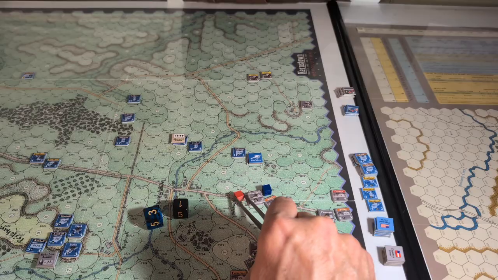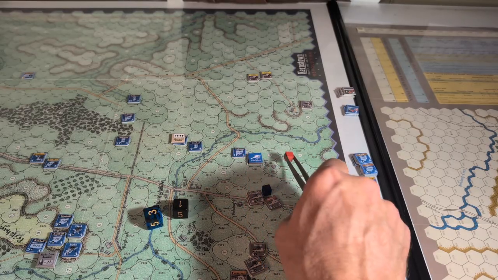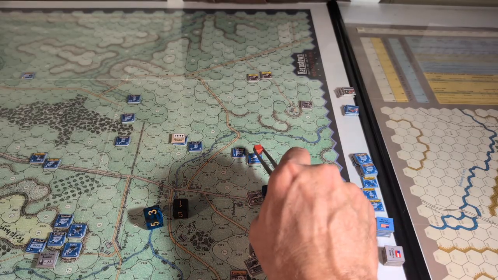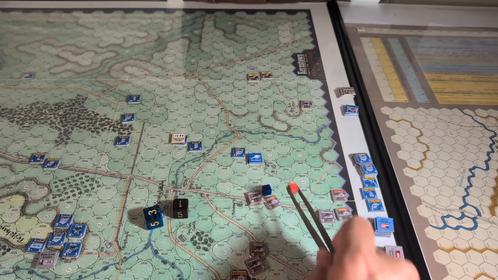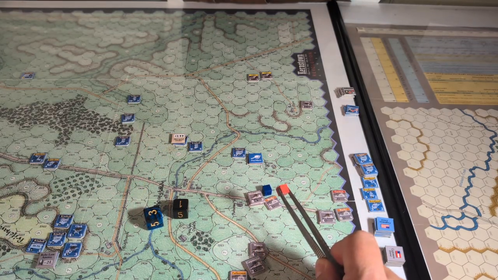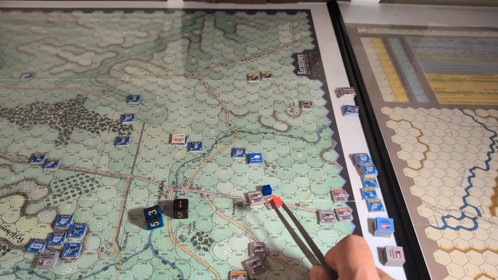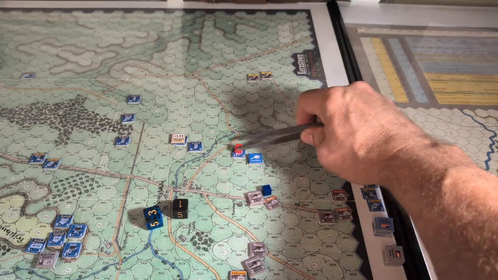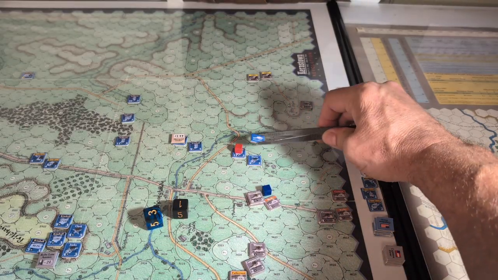So we can fire either there or here, or even over here. But yeah, we can take that unit out.